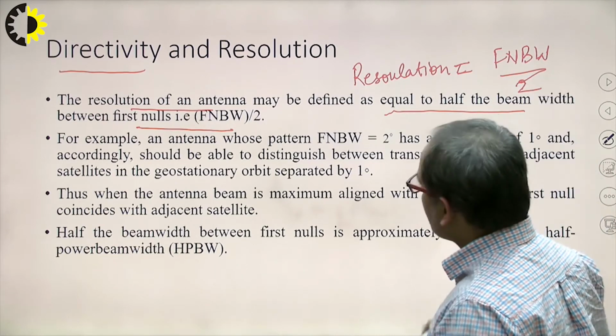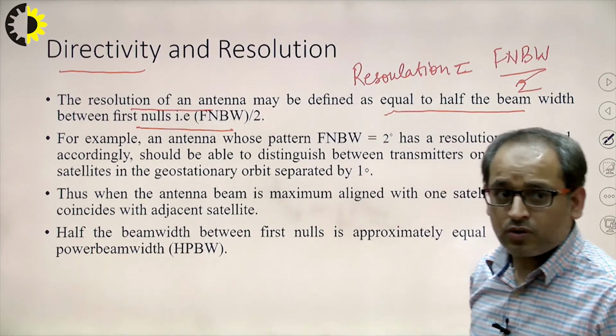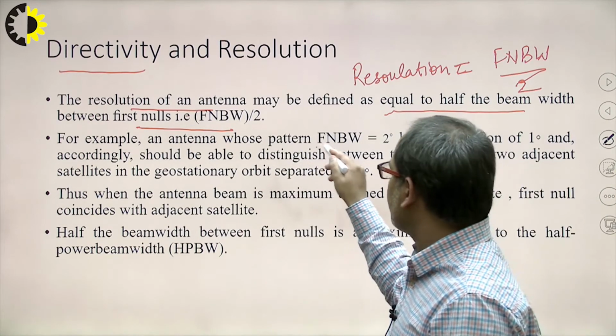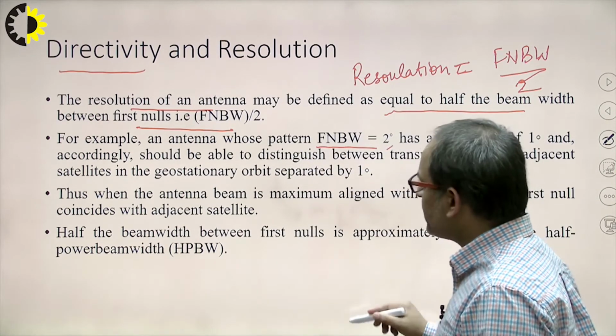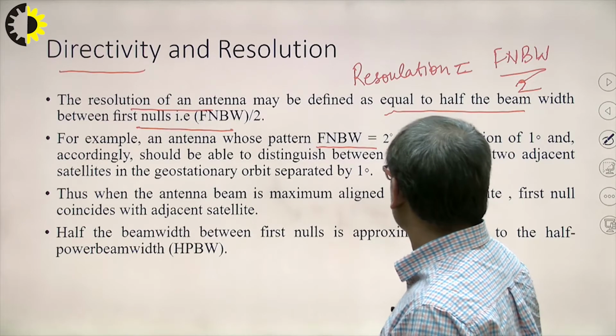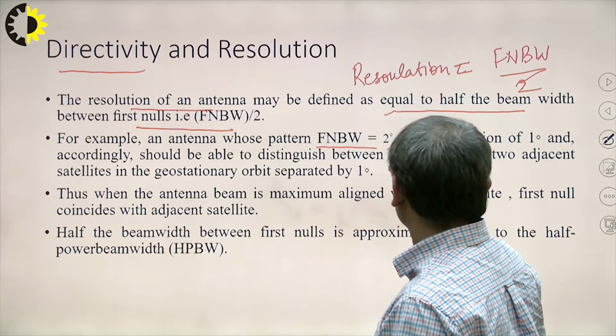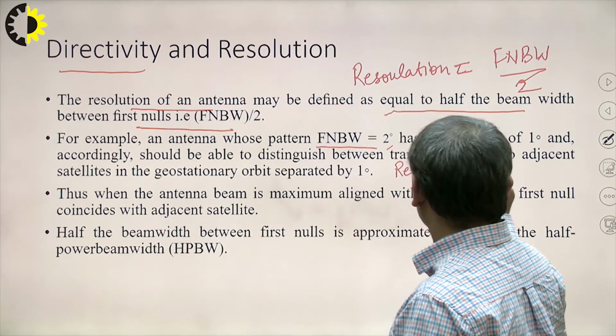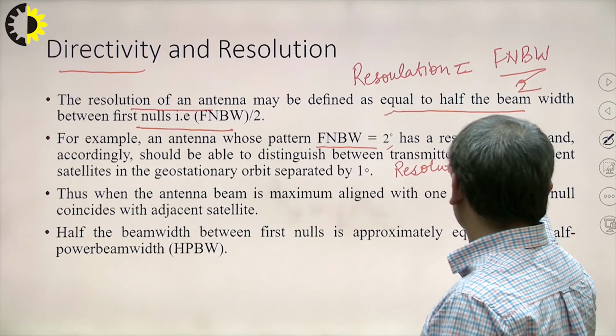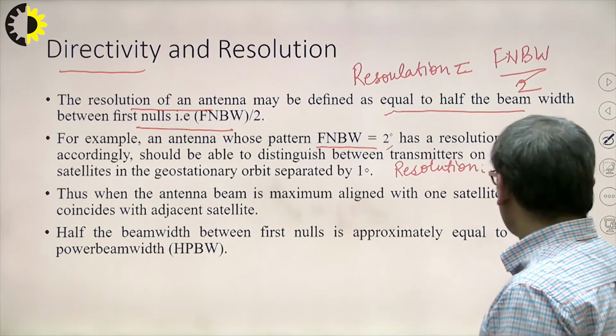Clear? For example, if the antenna's first null beam width is 2 degree, then the resolution is equal to 2 degree divided by 2, that is equal to 1 degree.